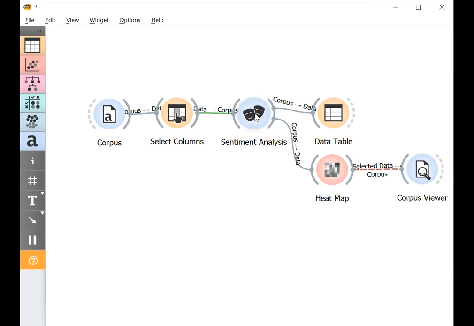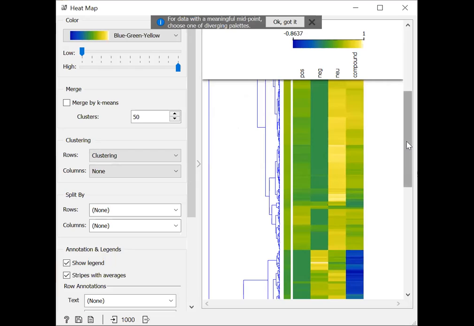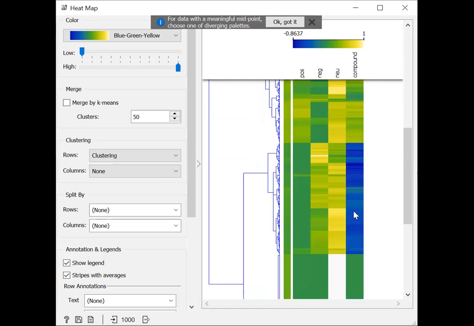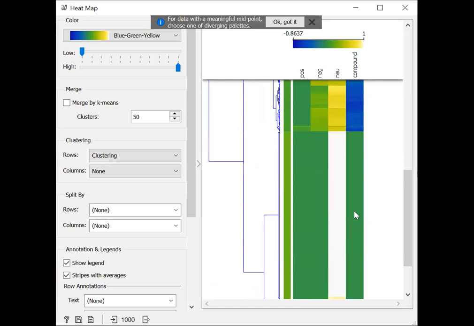Okay, so for sentiment analysis, I connect that to heat map, and as you can see, the heat map shows that the yellow means positive, the blue means negative, and the green one means neutral.